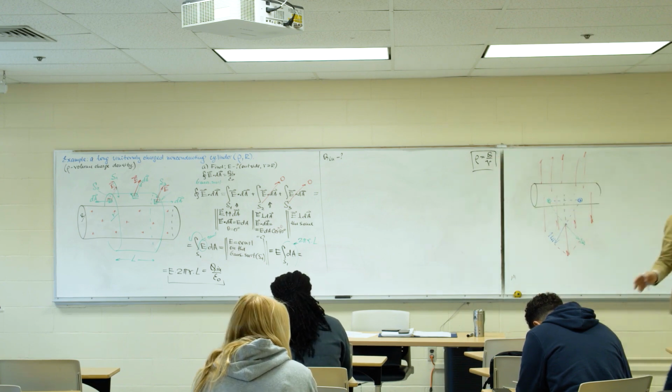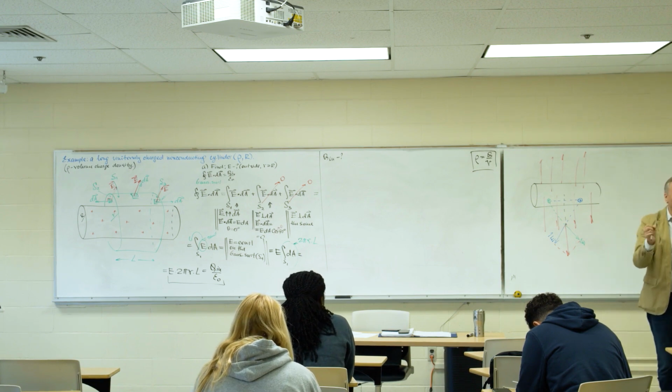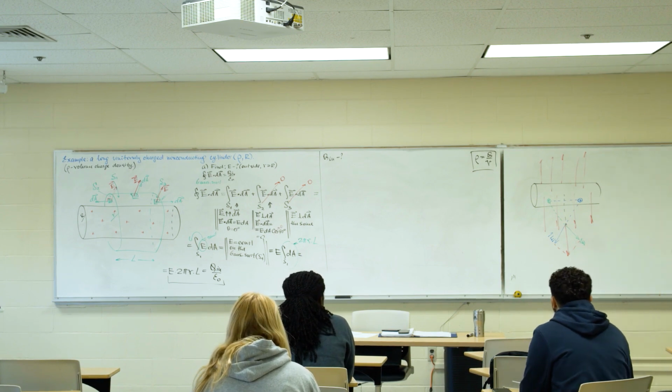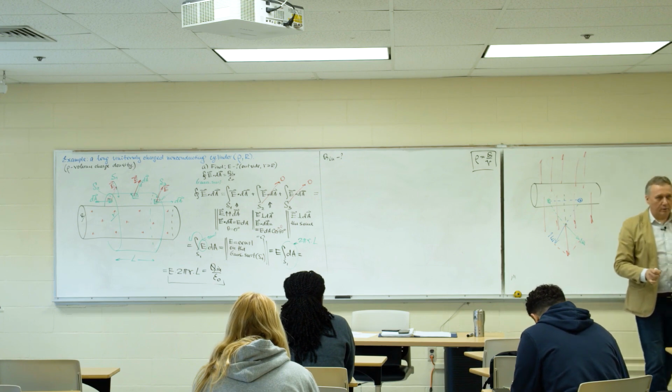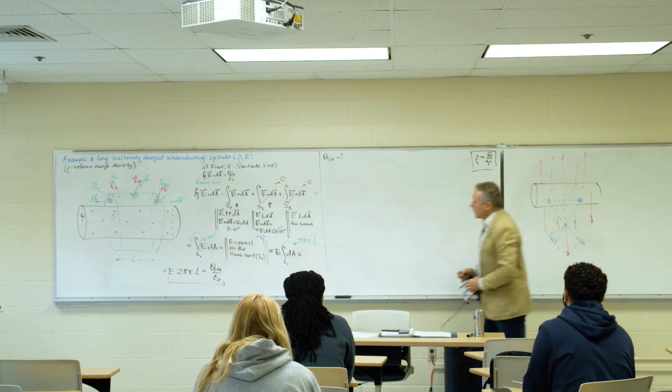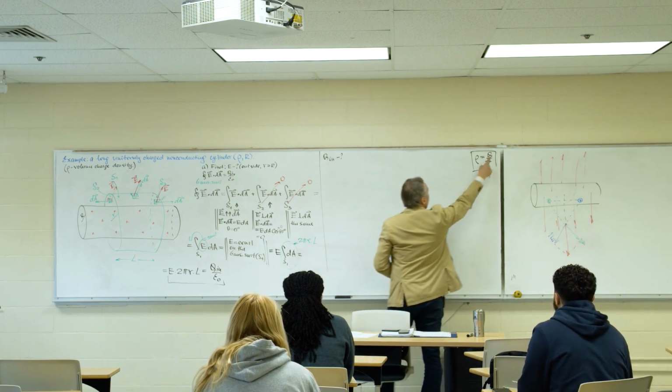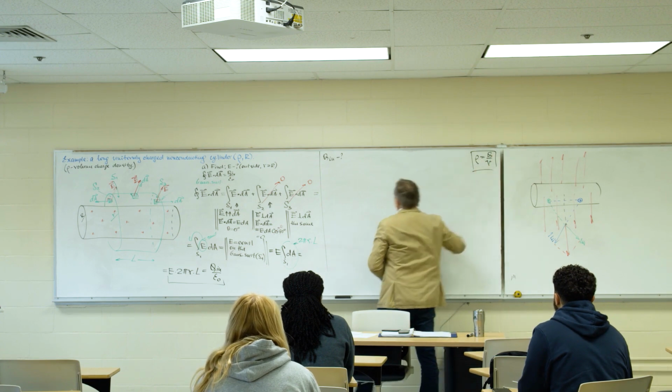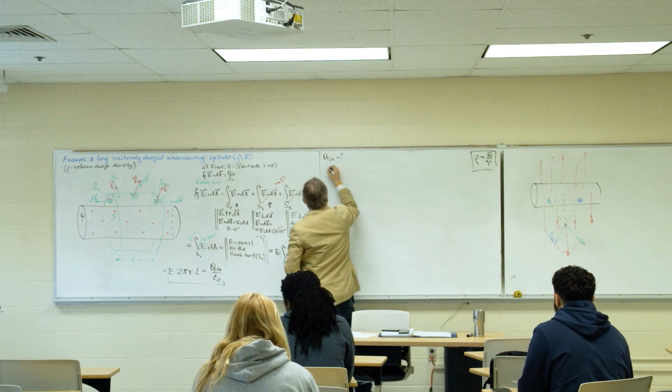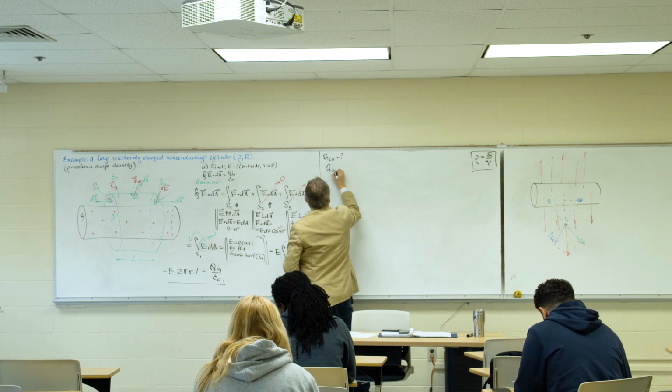You can use the total charge or a smaller charge, but every time you need to divide it by the volume over which that particular charge is distributed. So in our case, we need to find Q. So it's rho times V. So Q enclosed will be rho, which is given, times V.